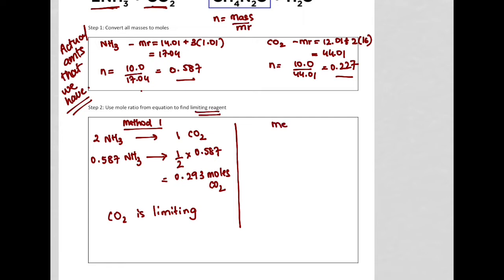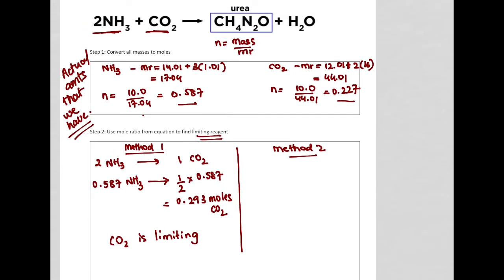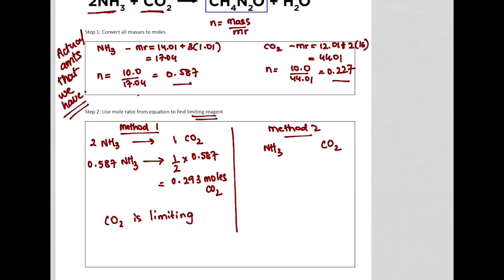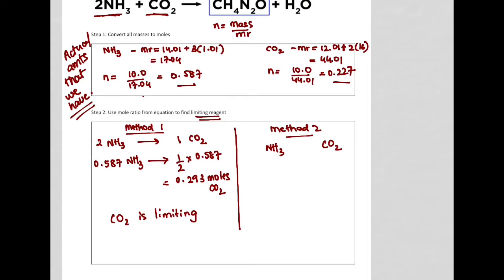Another way is a more mechanical way of doing the calculation. So what you're going to do, you're going to write the two substances involved, ammonia and carbon dioxide. You write the mole ratio, 2:1. You write the number of moles that you have for each of them.